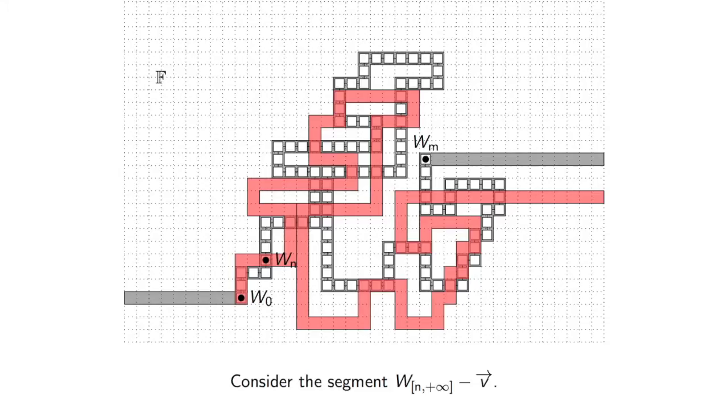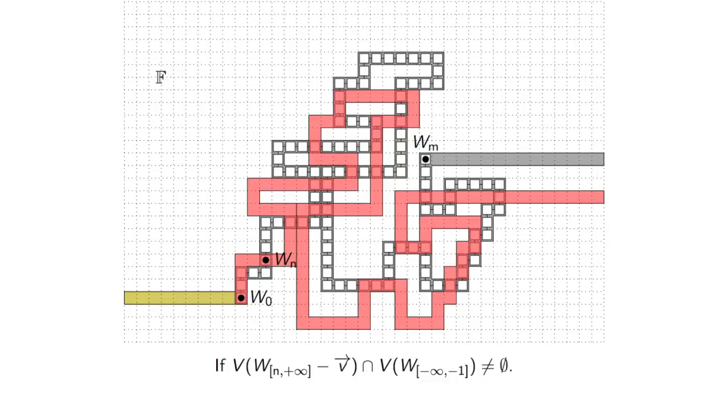Now we aim to show that the decomposition of this path is positive. First, consider the segment of the window W from -infinity to -1. This segment is in yellow. Suppose that the red path intersects with the yellow one. In this case, the translation of the red path by the vector V intersects the translation of the yellow segment by the vector V. By definition, the translation by the vector V of the red path is the underlying path of the path assembly of P, and thus the tile Pi2 is not visible from the west, which is a contradiction.